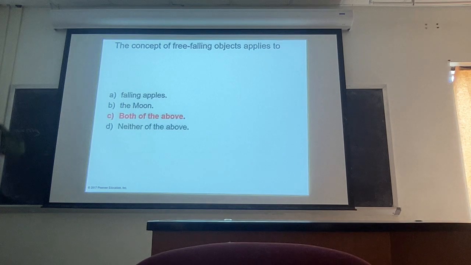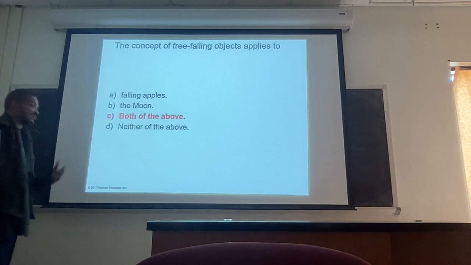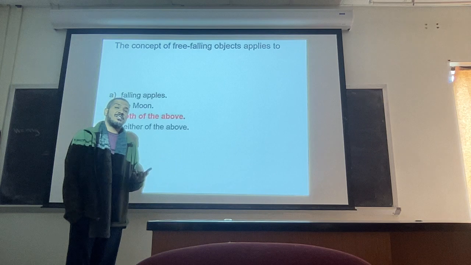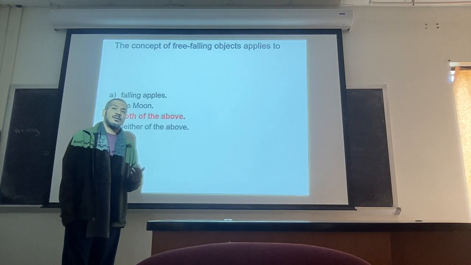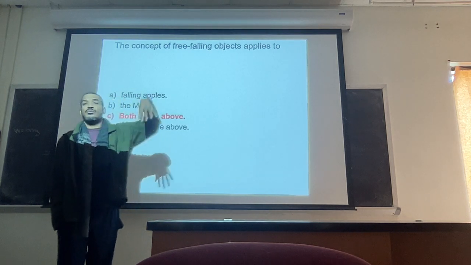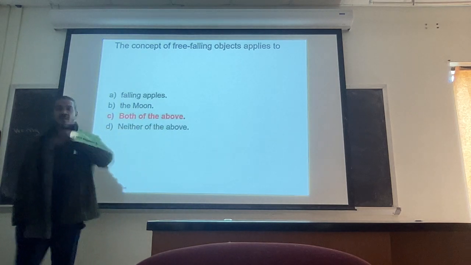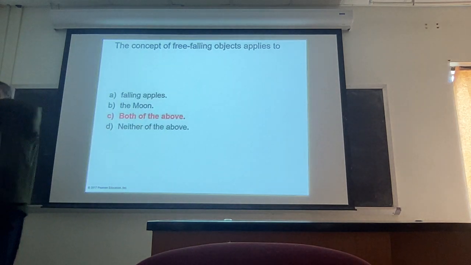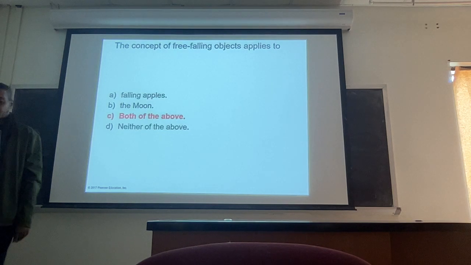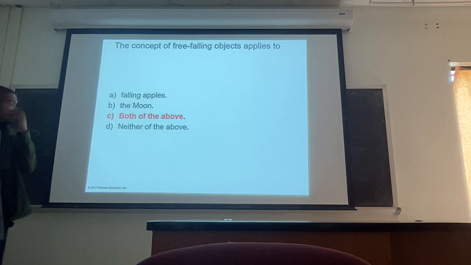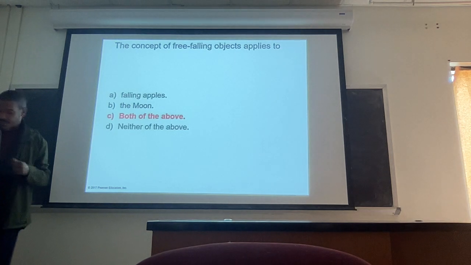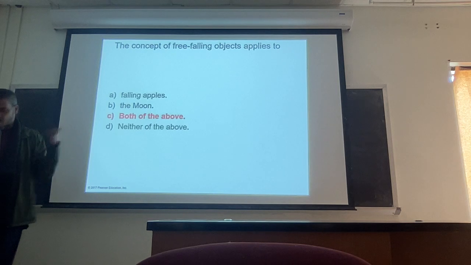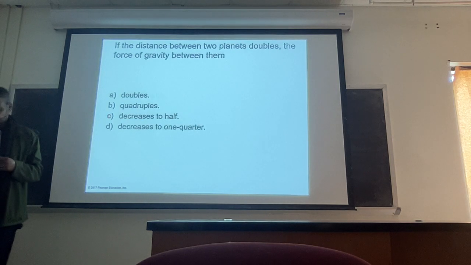So free fall means something that's constantly accelerating due to gravity. If the moon goes around the earth, it changes its direction, which means it's accelerating, towards the center. It's changing its direction, okay? So that's why both are correct, the moon and falling objects.